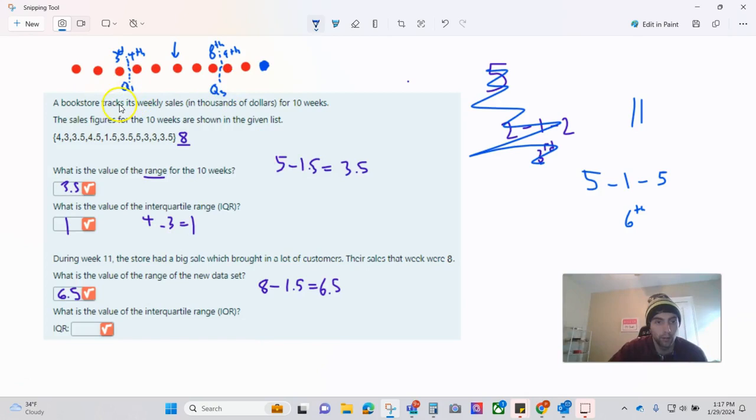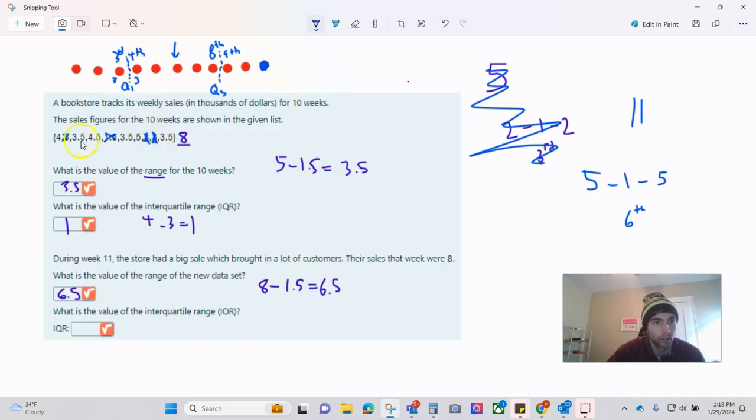So let's find Q1. Let's find the third and fourth biggest number from smallest to biggest. 1.5 is my smallest number. So that's first. Then there's my second. Here's my third. My third biggest is 3. Oh, my fourth biggest number is also 3.